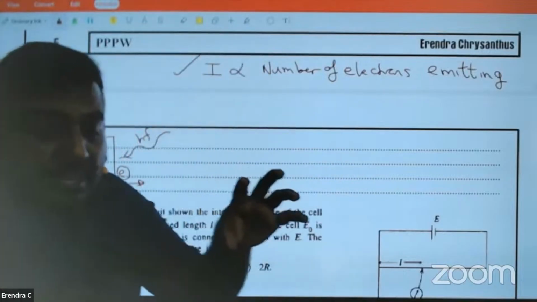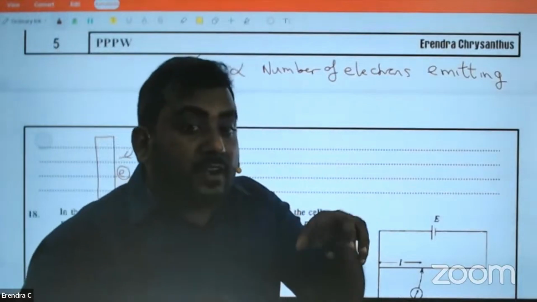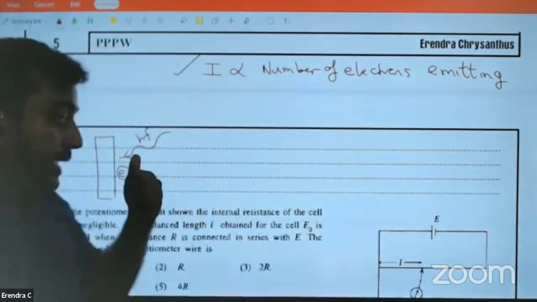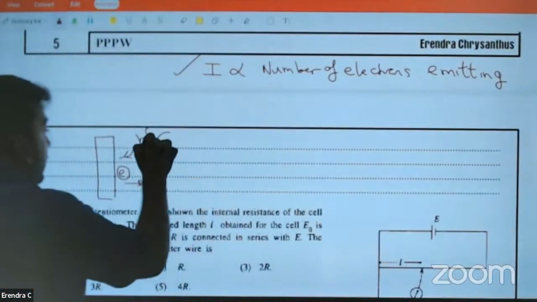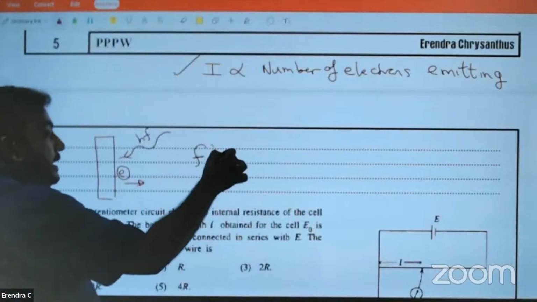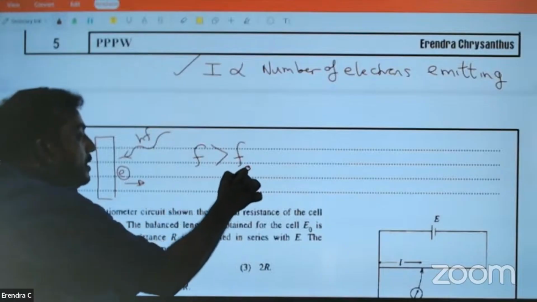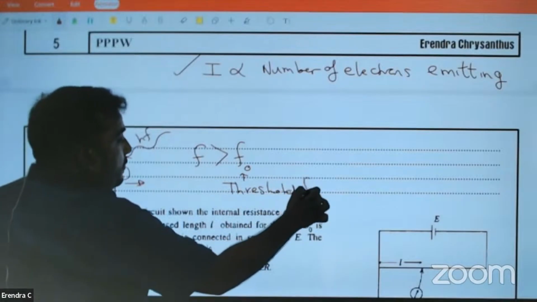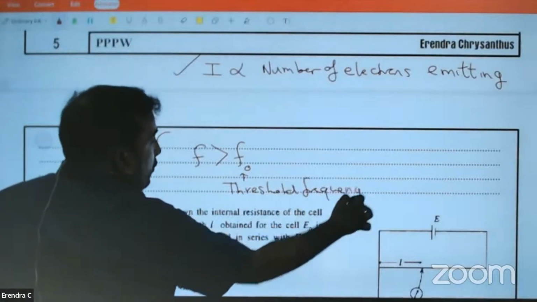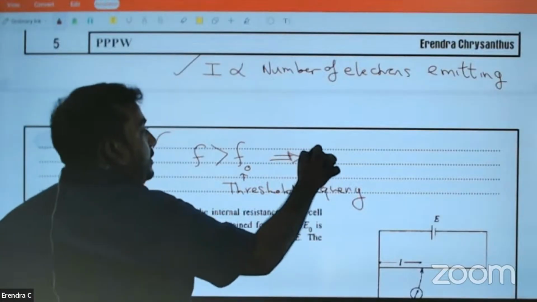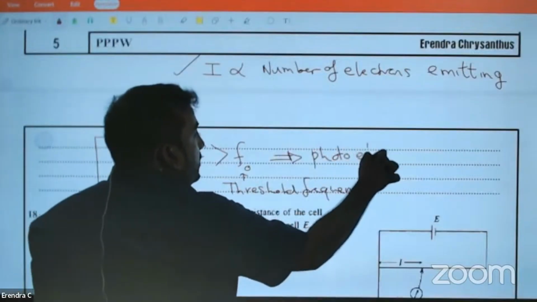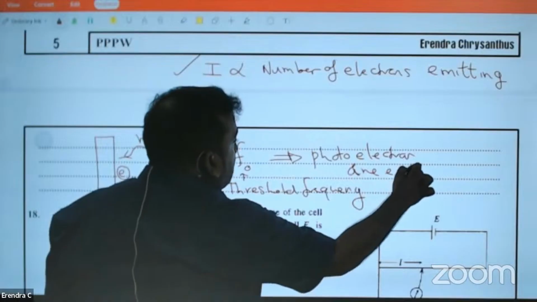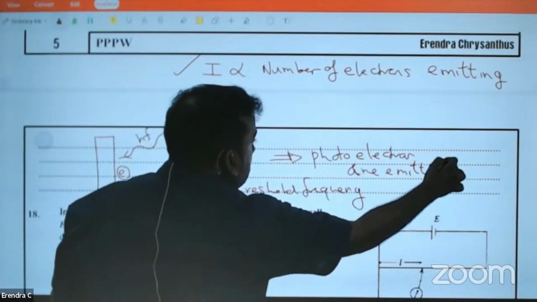But remember this very carefully: it doesn't happen for all frequencies. Only if the incident frequency is greater than the threshold frequency are photoelectrons emitted. Otherwise, no emission takes place.